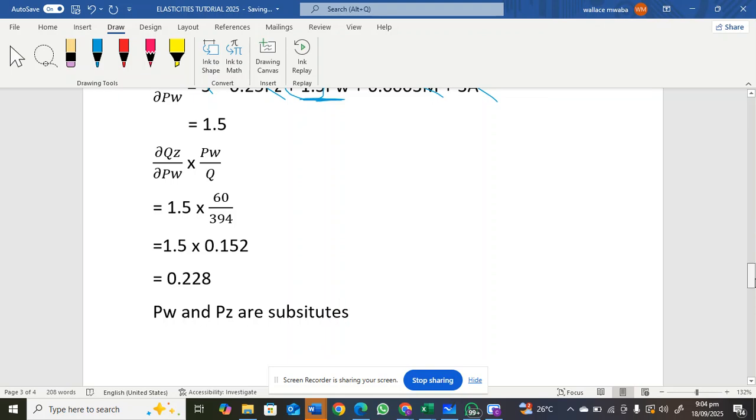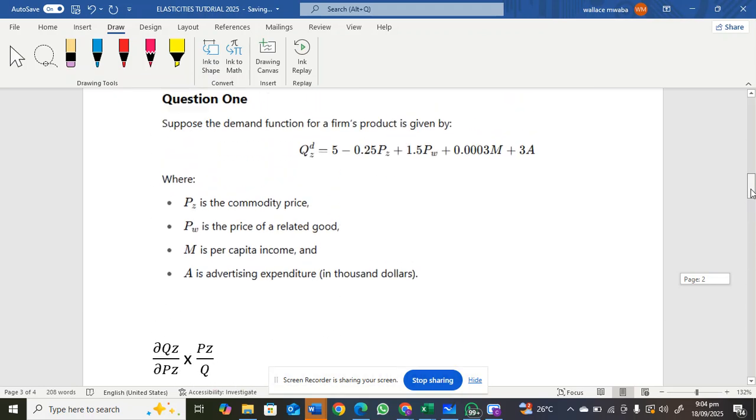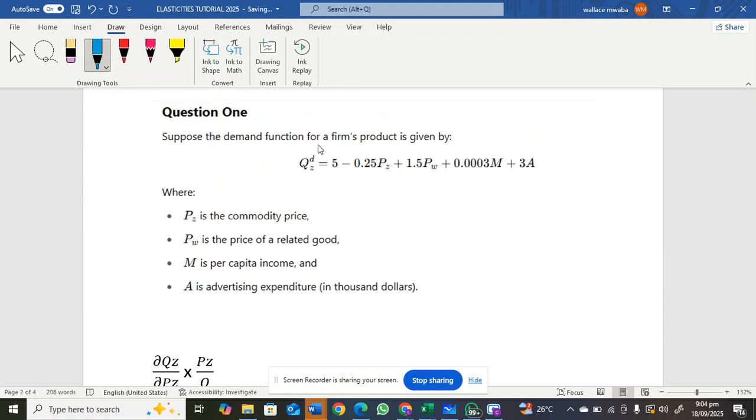And if we come back to our demand function, if we look at the relationship between the quantity demanded for good Z and the price of the other good, holding other factors constant, because of this positive sign, if the price of PW goes up, it means good W is going to be more expensive than good Z. So people buy more of good Z, which will translate to the quantity demanded of good Z going up.